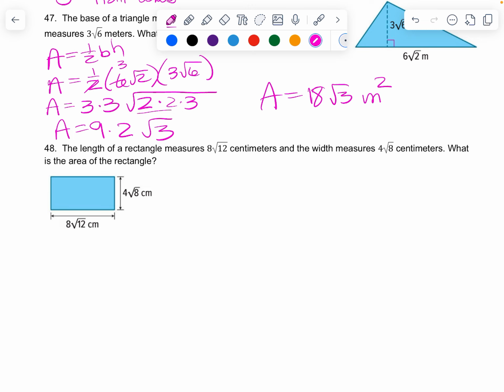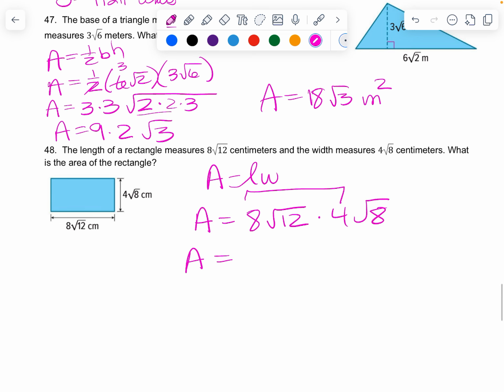Okay, last problem. The length of the rectangle is 8 radical 10 centimeters. The width is 4 radical 8. What is the area? So length times width. So 8 radical 12 times 4 radical 8. Multiply the numbers out front and get 32.